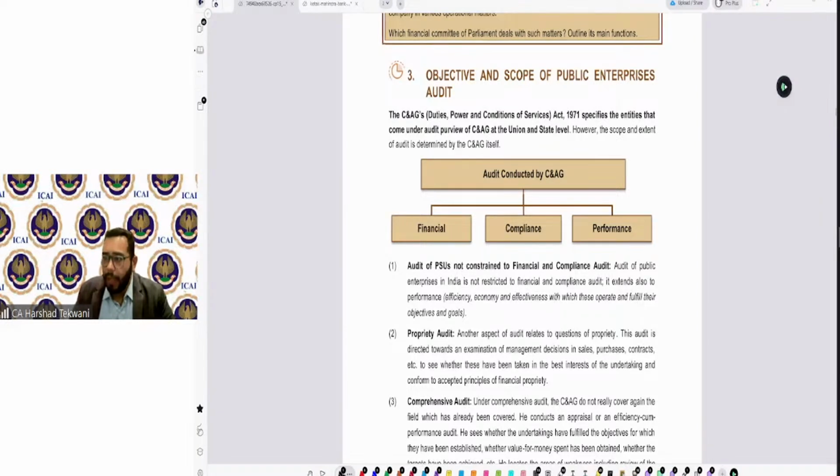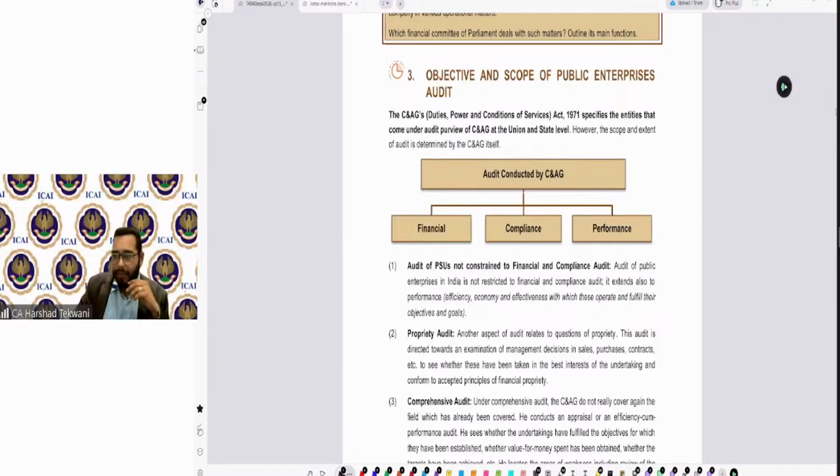Now, can anyone tell me, let's say, for example, we have Schedule 3 for the companies. We have Schedule 3 applicable for the companies. Can anyone tell me what is the format of balance sheet or P&L applicable for the state governments or central government? How do they present their financials?